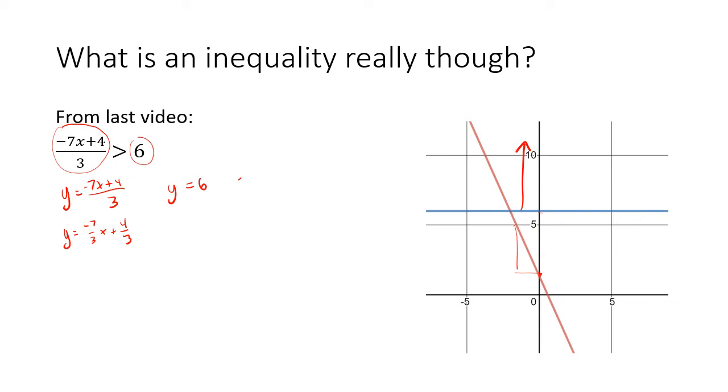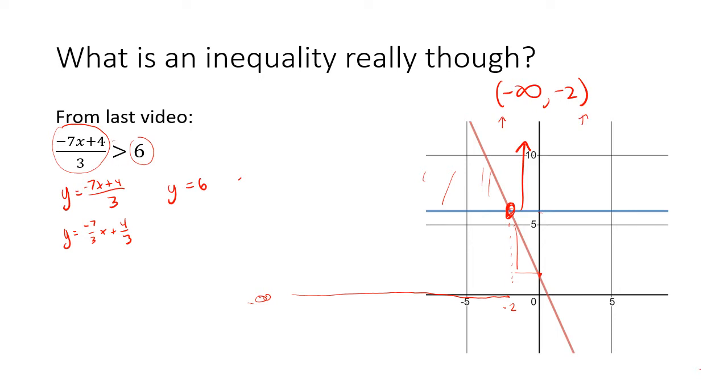So our answer, if we carry this down, was negative 2 right here. So for our x values, from negative infinity way out here, all of these are true, because for any value of x to the left of this intersection point, we have a true statement. The answer, by the way, was negative infinity to negative 2 in interval notation, with an open parenthesis because this is not an or equal to sign.